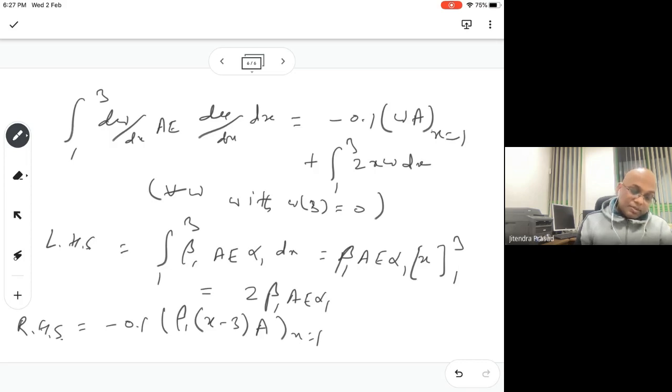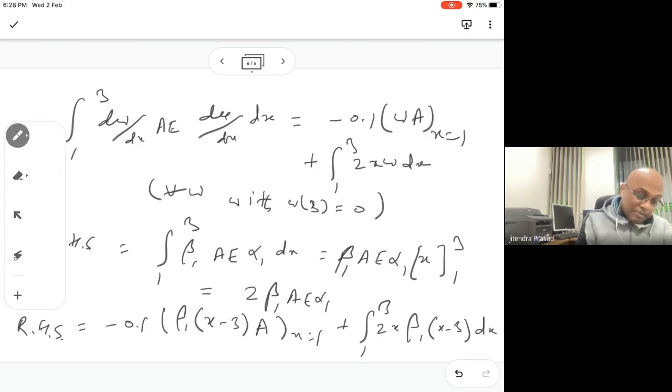Okay, nice. And then we have this term, so plus the integral from 1 to 3 of 2x times w, which is beta 1 times x minus 3, dx. Okay, now simplification we can do here.